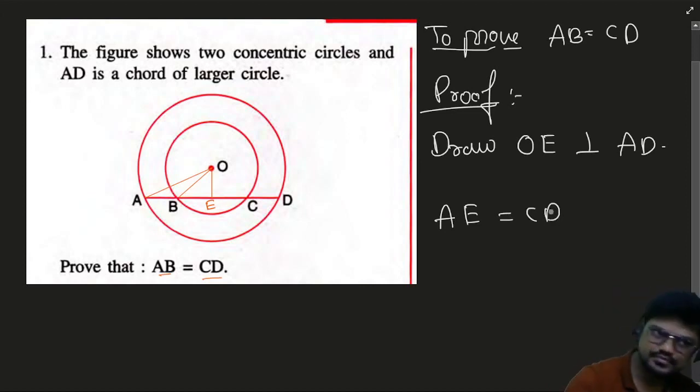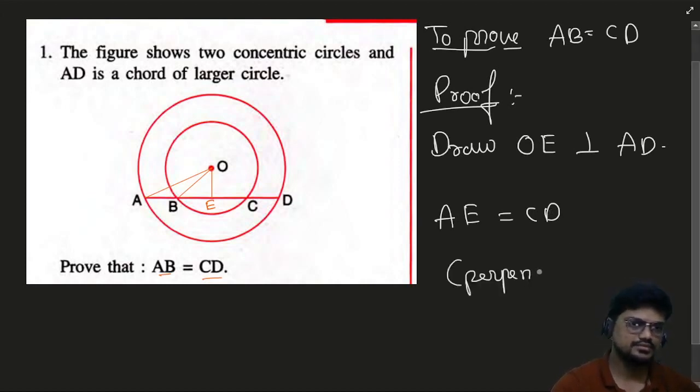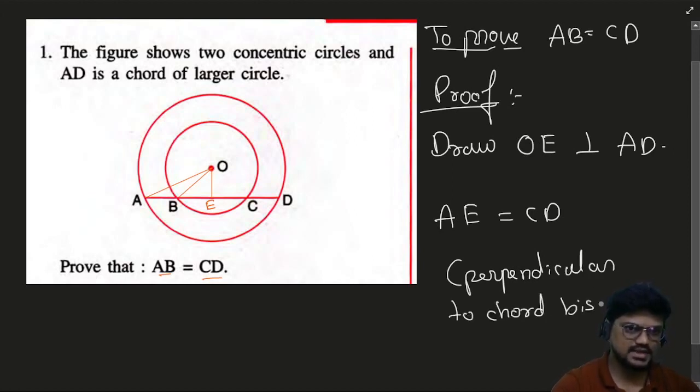Why? Perpendicular to the chord bisects the chord. You can write this reason over here: perpendicular to chord bisects the chord. This is your one reason.